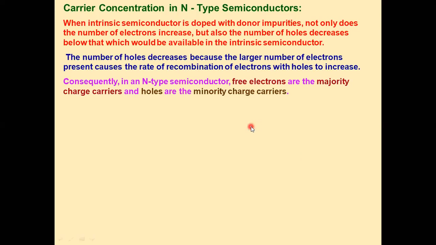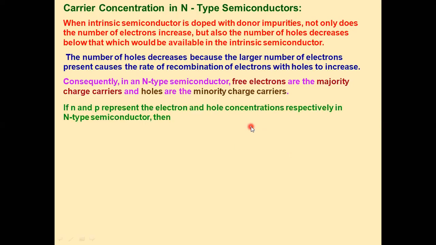So in the N type of semiconductor, the number of electrons increases and the number of holes decreases, which means the majority carriers are electrons and minority carriers are holes.